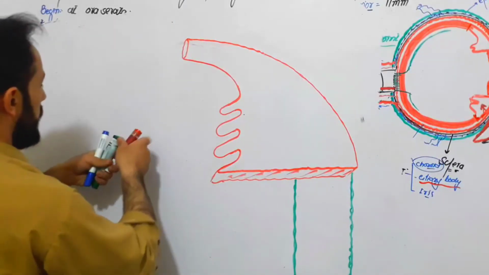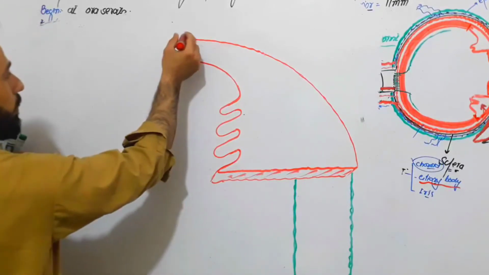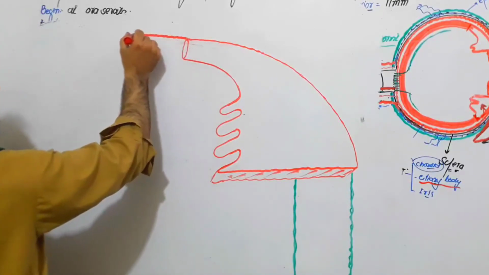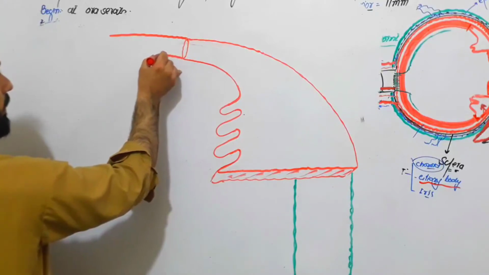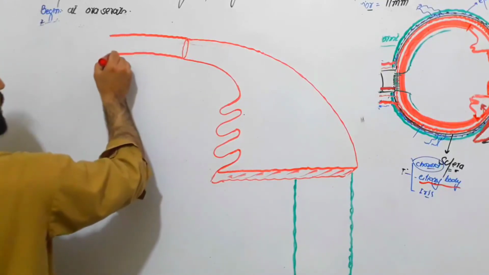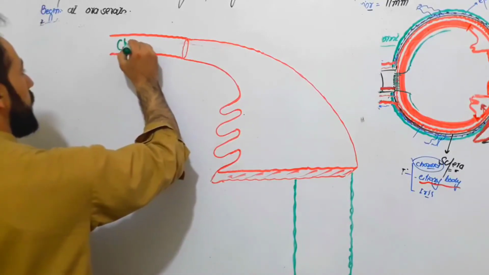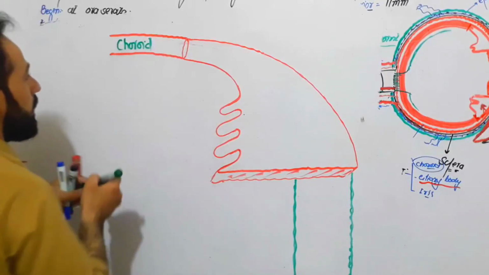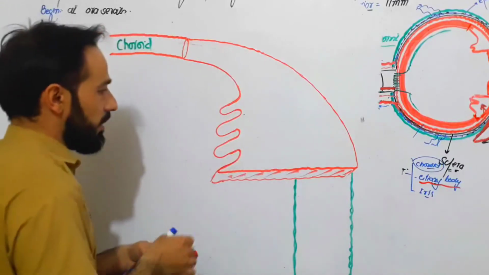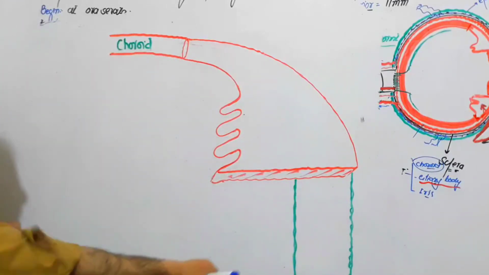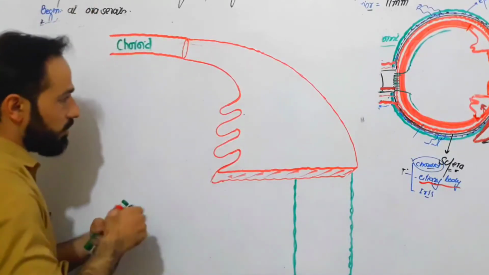That is your choroidal layer. So this narrow part is our choroidal layer, right? So look carefully, this is our choroid. Done. And this is our ciliary body and this is our iris. So we have drawn it a little bit larger. Now look carefully.